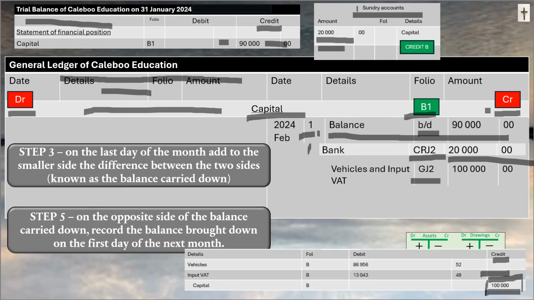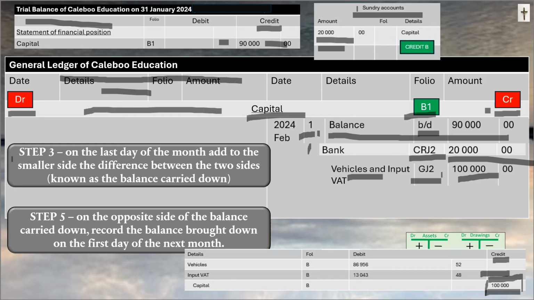Where did the information come from? The general journal. The contra accounts were vehicles and input VAT. That was explained in the general journal, as were all the transactions in the videos on the journals. The amount was 100,000. Now we've done step 2.